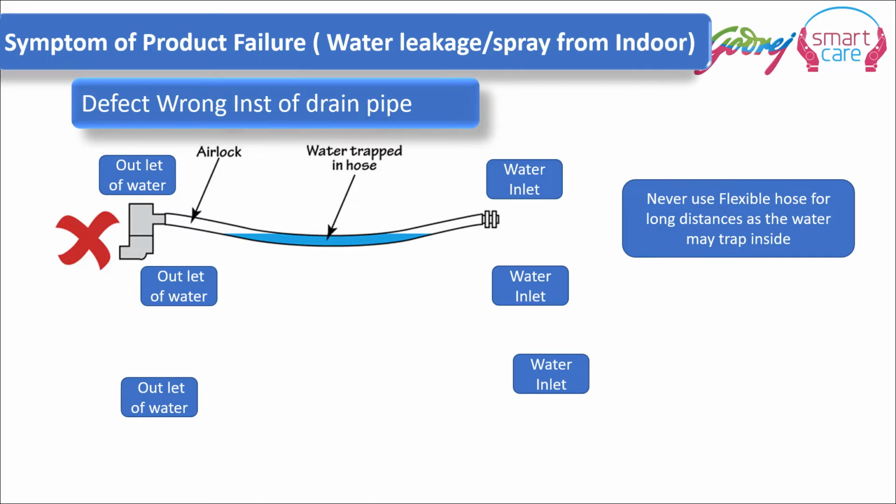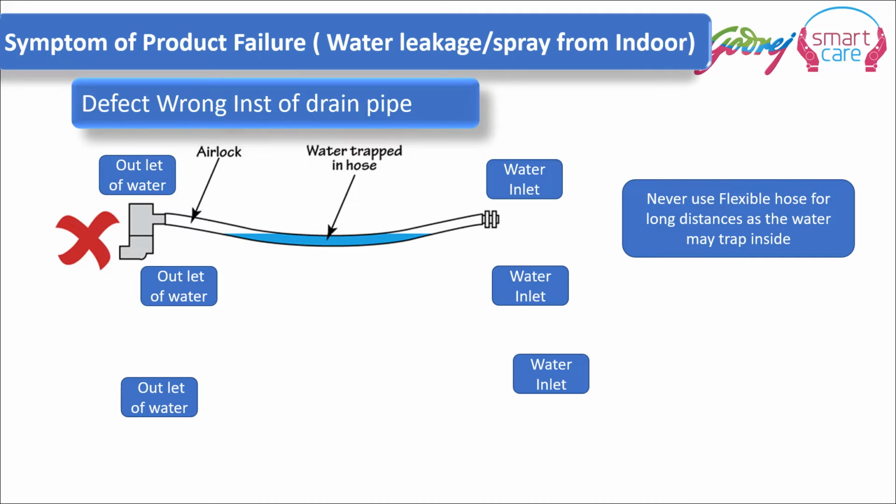Whenever there is a drain line which extends from inside the room through an opening in the wall to outside the room, there should not be a condition where water is trapped anywhere in the drain pipe. The drain pipe gradient or slope should be such that the water flows out, but nowhere in the drain pipe is it enclosed, entrapped, stagnant, or not moving.